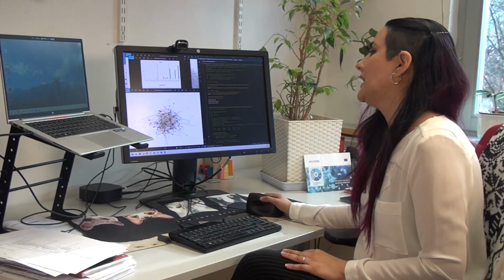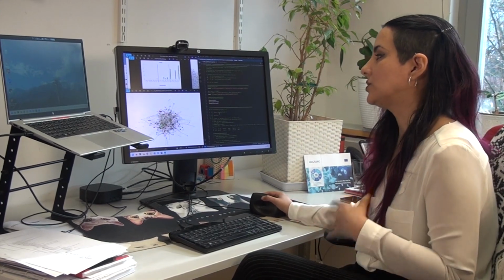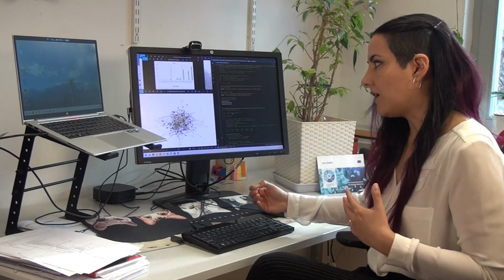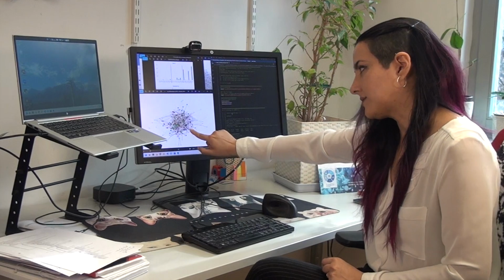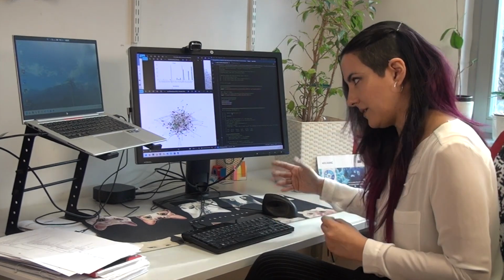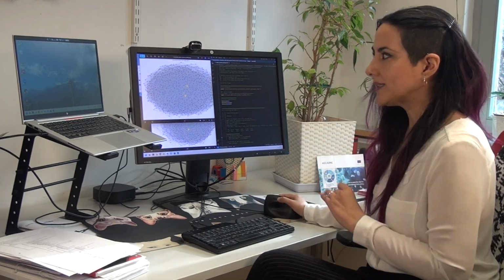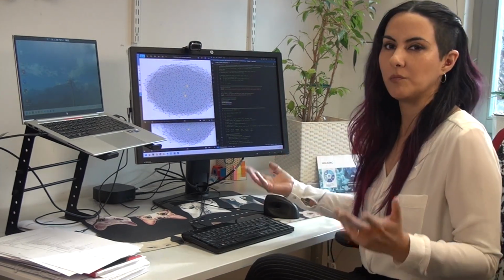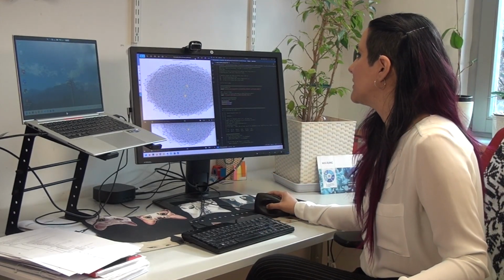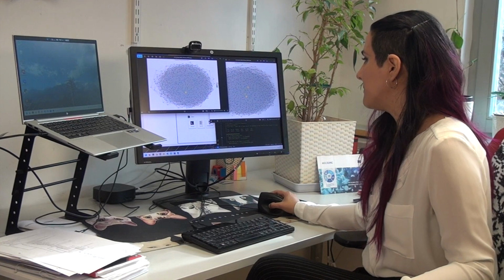This is a network of a microbial community, and I had to do several steps for double checking the role of all of these dots, because all of these dots represent different taxa in the community. And I really want to know which ones are the most important of the whole community. So I need to do several analyses to rank their importance in the community.